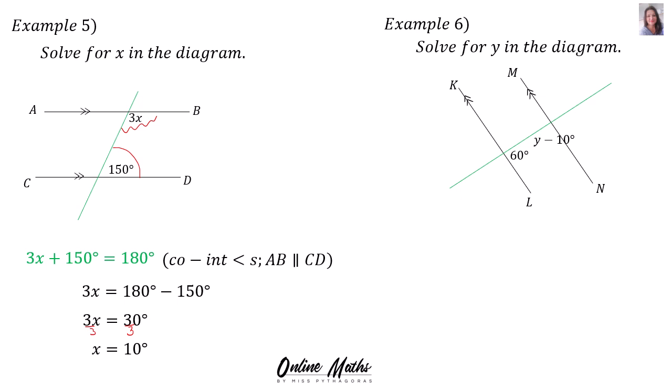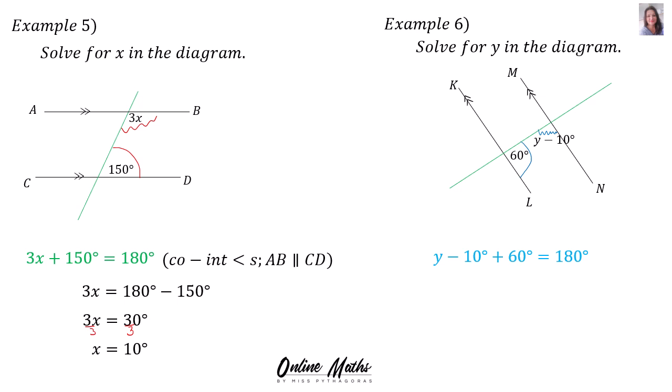Example 6 on the right. Solve for y in the diagram. So now I think it's very clear. You can see that 60 degrees and y minus 10 degrees, they are the co-interior angles. So just be careful. You have to say y minus 10 plus 60 is 180 degrees.